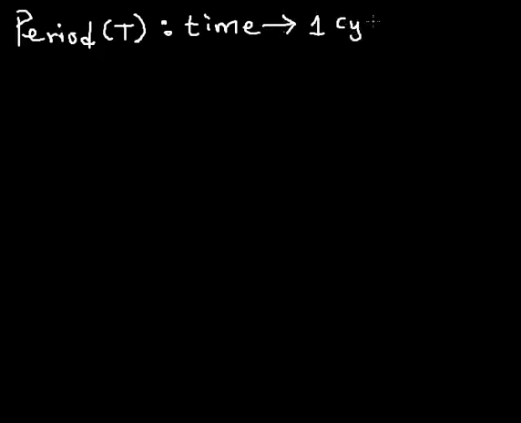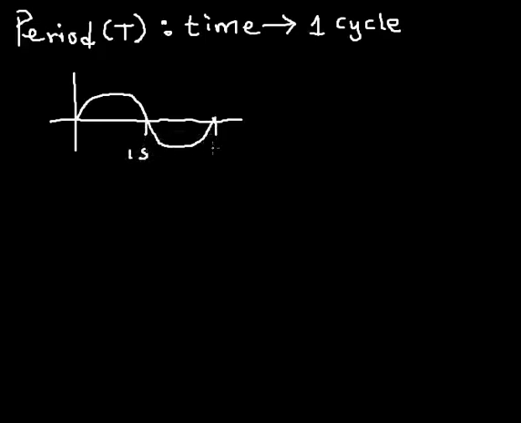Time for one cycle is the period of the wave. So if I have a wave that completes one cycle, let's say this is 1 second and this is 2 seconds, the period of this wave is going to be 2 seconds. That is the time it takes the wave to complete one cycle.